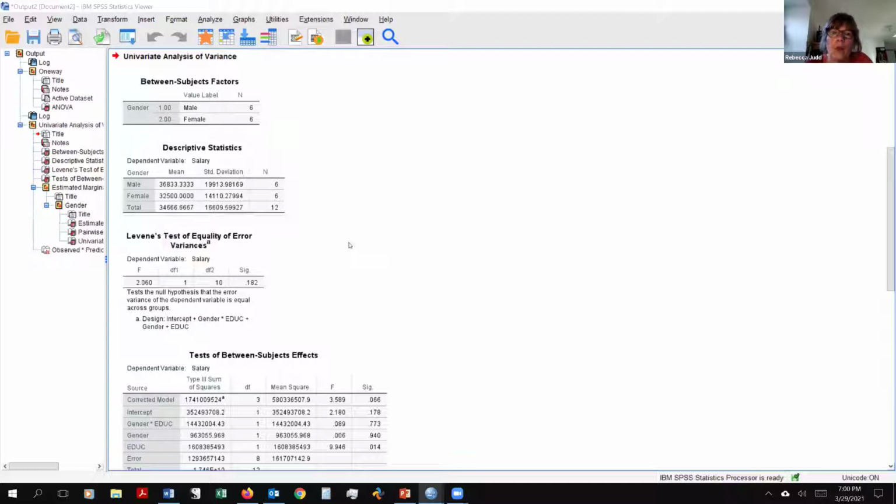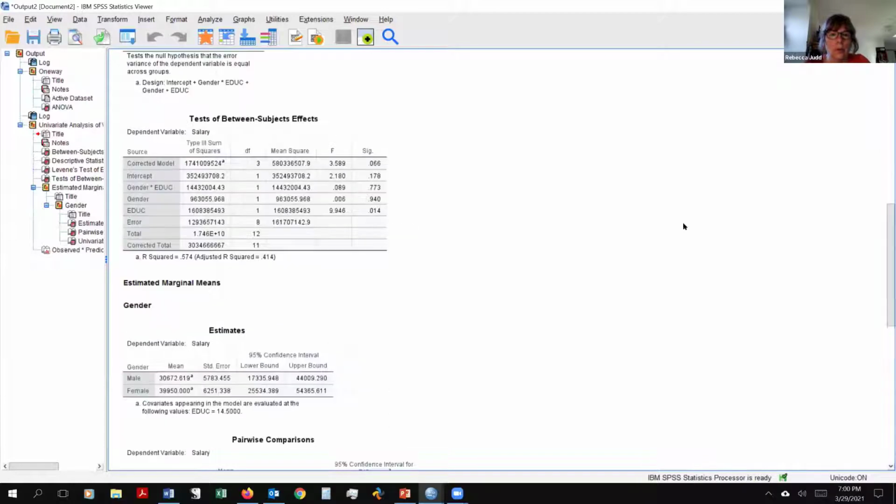Okay. We have our Levene's test of equality of error variances. It is not significant, and that's what we want. So we met that assumption. And then when we scroll down, we have our tests of between-subjects effects. Here's our F and here's our significance.